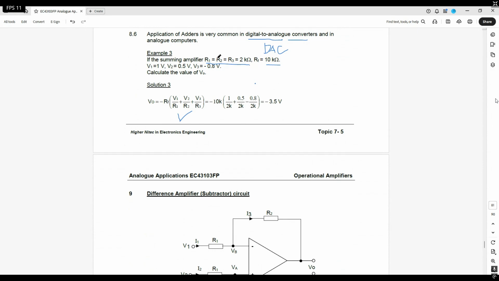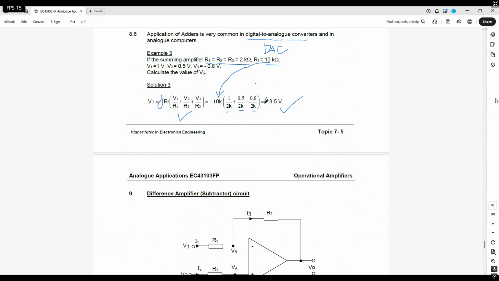Before when you write out the formula, don't forget the negative sign, because it's an inverting amplifier. So we plug in the values accordingly. This will be your RF, the feedback resistor value 10K, and the rest all 2K here, because they tell you R1, R2, R3 are the same. Then you have negative 3.5 volts.